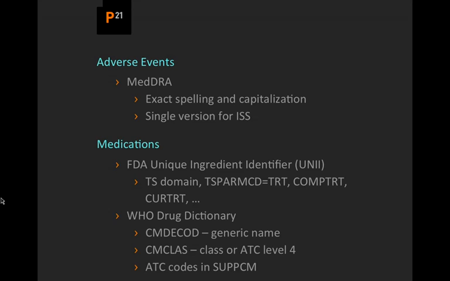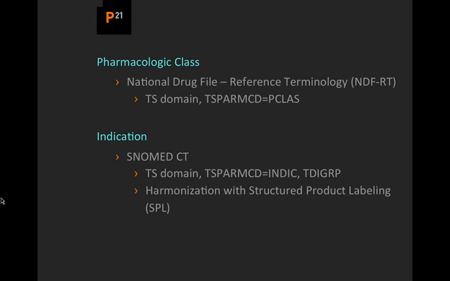For medication, there is a special FDA Unique Ingredient Identifier dictionary, which is used in the trial summary domain for different treatment parameters. The WHO Drug dictionary should be used for concomitant medication.